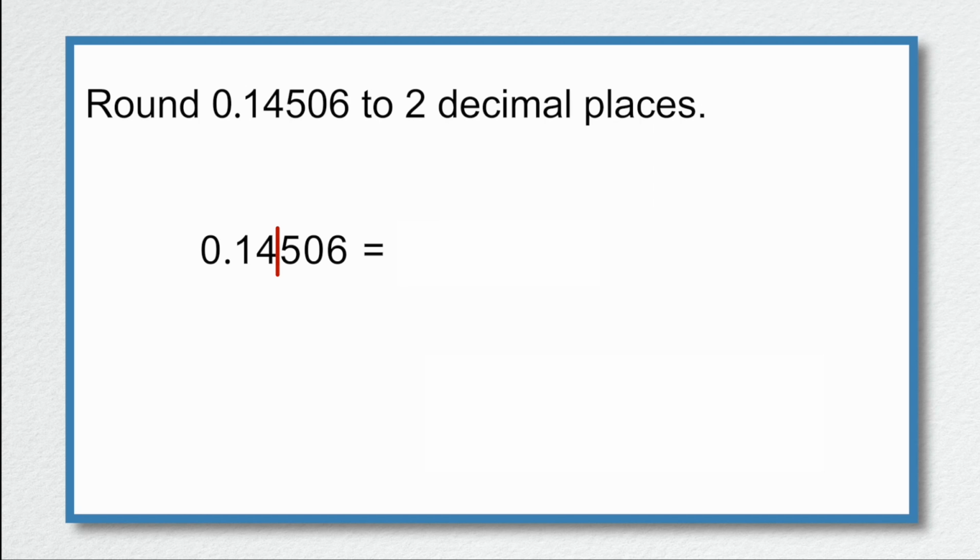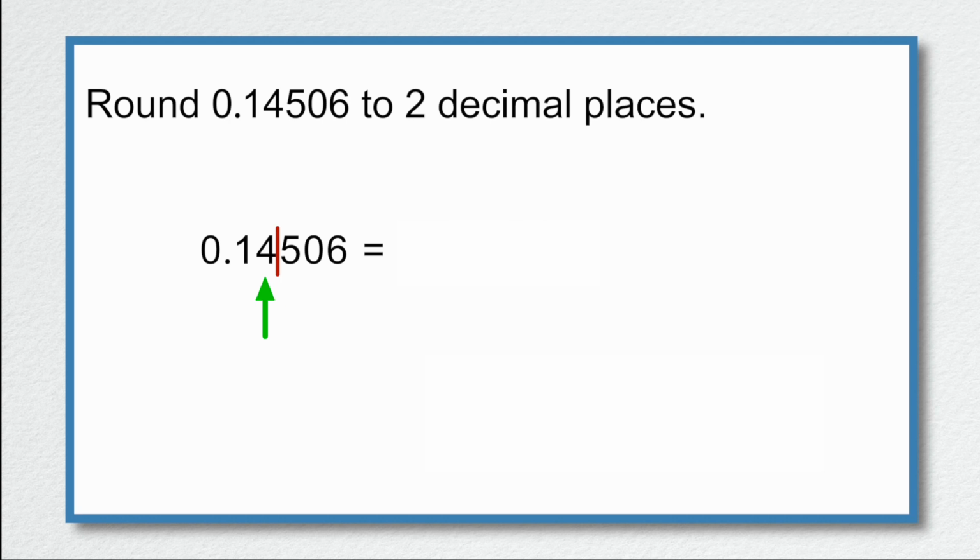In this case, for rounding to 2 decimal places, this question is asking, do we round this number down to 0.14, or do we round this number up to 0.15? We now have to determine whether we round the 4, which is 4 hundredths, whether this stays the same, or whether we round this up to 5.